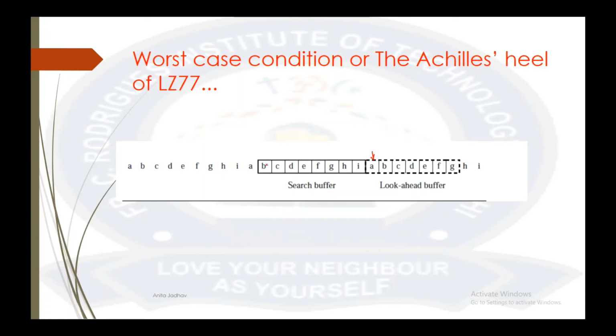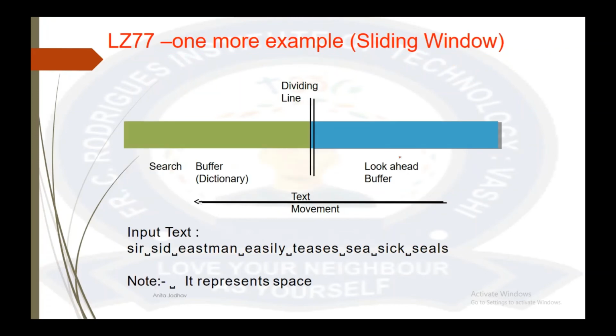No. So you will write 0, 0, comma A. Now, A will be included here and B will be shifted out, whereas B is the letter which has to be encoded. When you include B, C will be shifted out, when C is the next encoded letter. So this is called a worst case condition, which happens because of your restrictions on the search buffer or look ahead buffer.